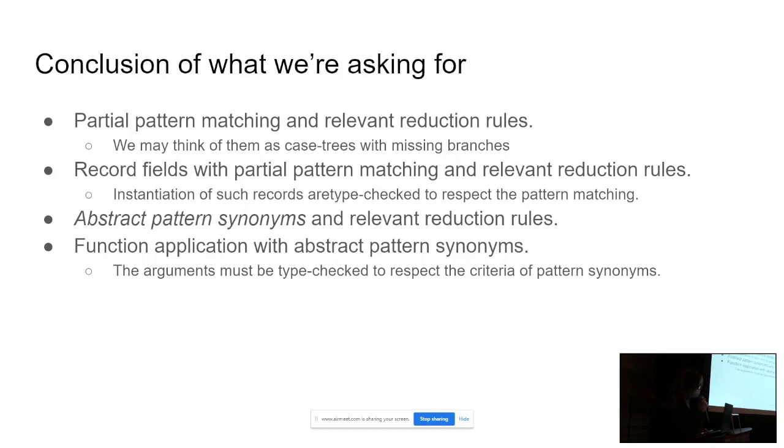And what we're asking for here is, if we want to recover the reduction rules in abstract structures, we need partial pattern matching and relevant reduction rules in records. And we also need record fields with these pattern matchings.